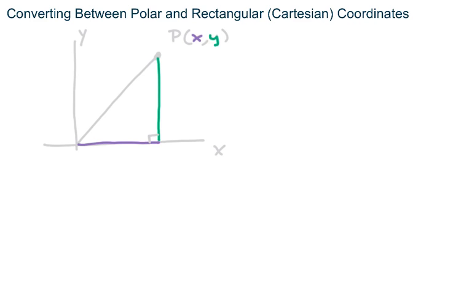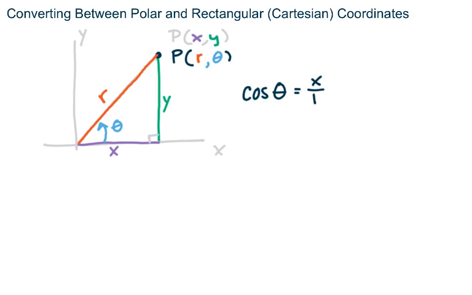Okay, so now we're going to relate that. And we're going to say, instead of calling this point (x, y), we're going to call it (r, theta). So theta is an angle of rotation, and r is that hypotenuse. If we have all of these values defined in this way, what kind of relationships do we already know? Well, we know that cosine of theta would be adjacent over hypotenuse, so x over r.